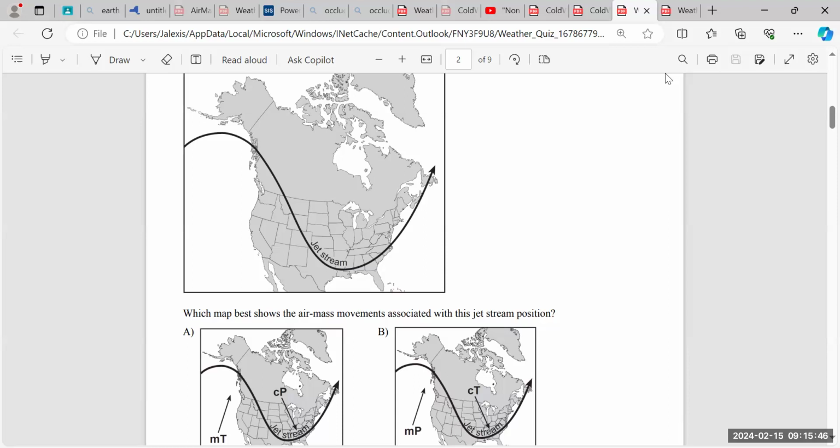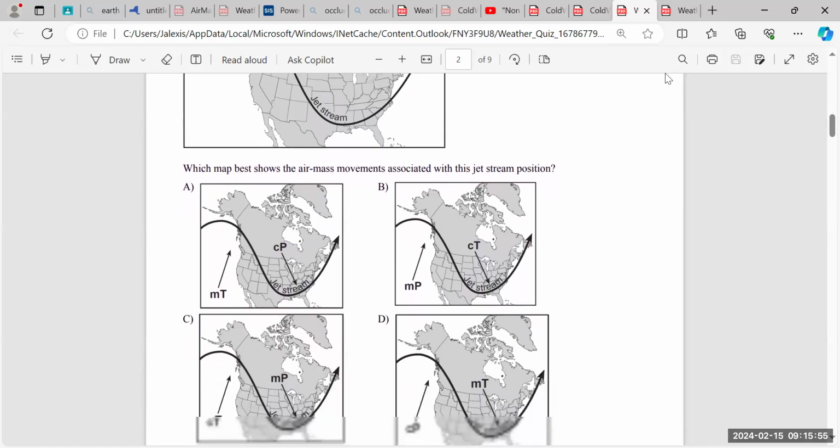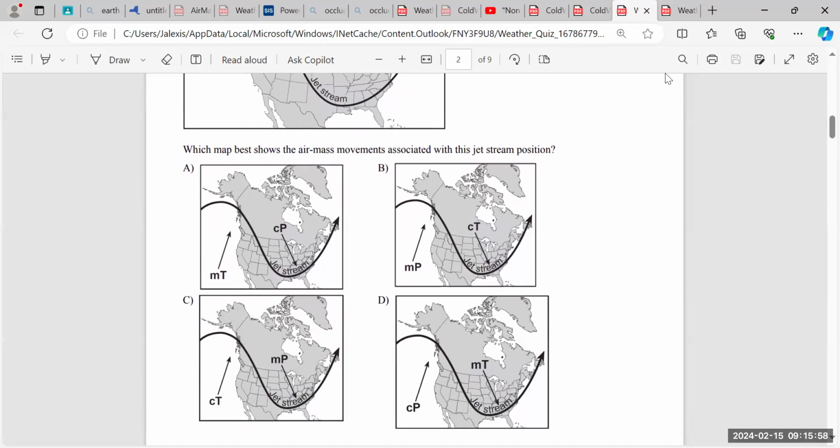These strong winds, the jet stream, have the ability to carry and transport weather systems. All right. So when I'm looking at this question, I'm actually looking at it as which diagram is represented to be true?